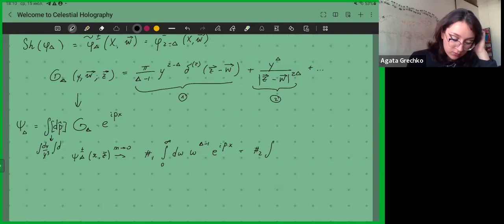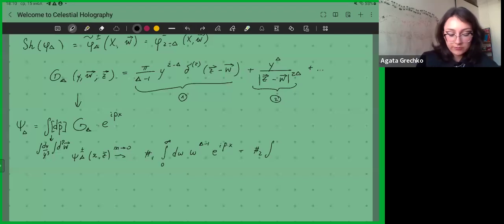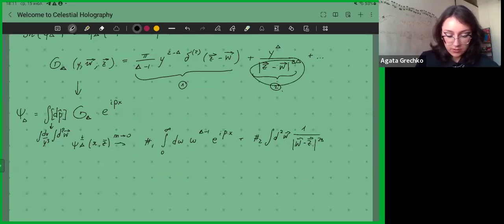The measure is 3-dimensional, and the delta function in the first term just deleted these 2 integrals. In the case of the second term, it will not be disregarded, so there will still be this 2-dimensional integral. We just rewrite it here.